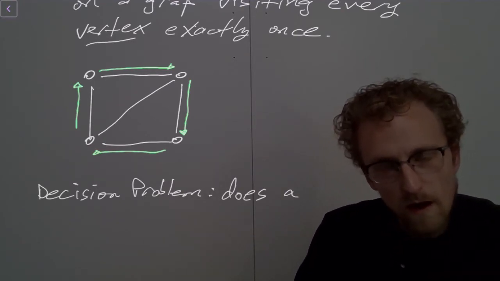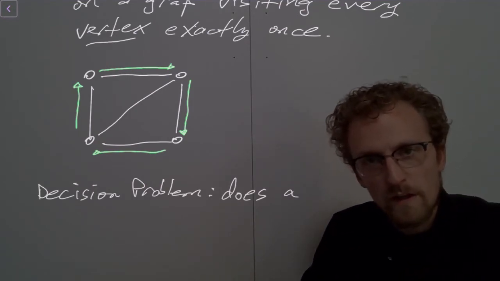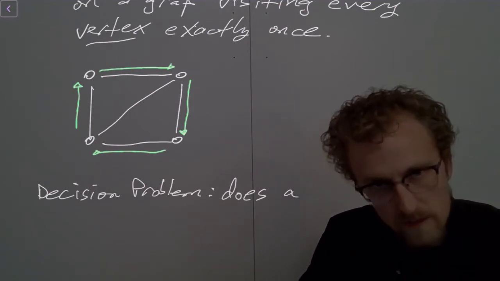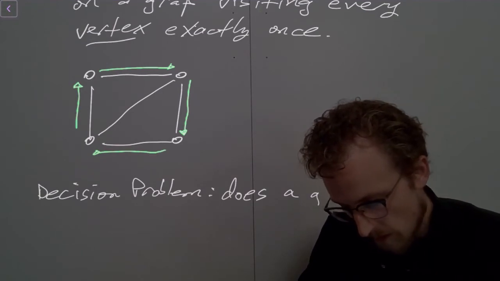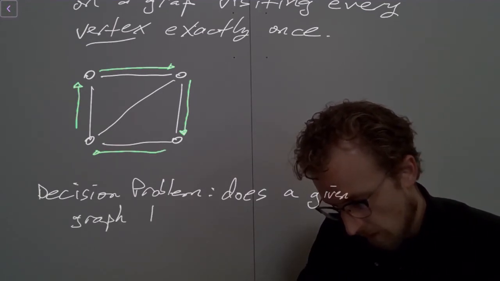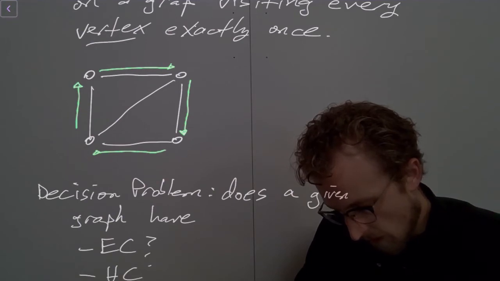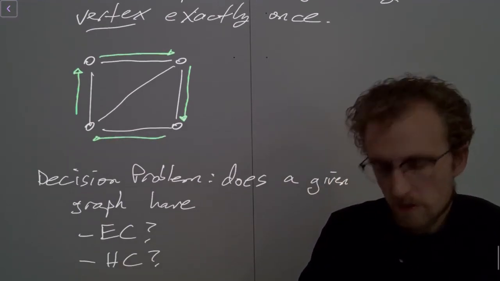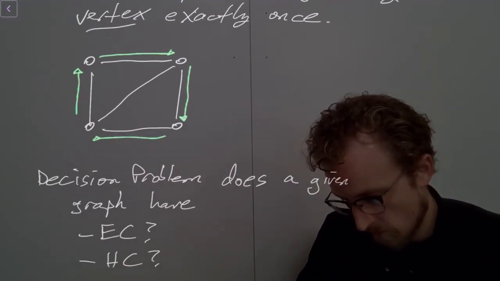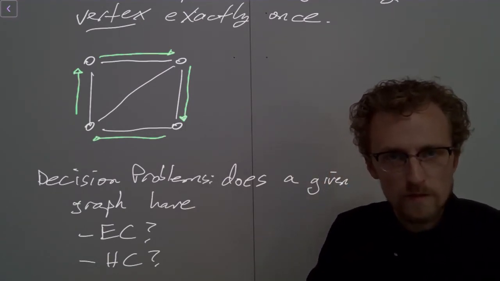Does a given graph have an Eulerian circuit? That's the Eulerian circuit problem. Or does a given graph have a Hamiltonian circuit? That's the Hamiltonian circuit problem. So these are two decision problems: does a graph have one of these two circuits?